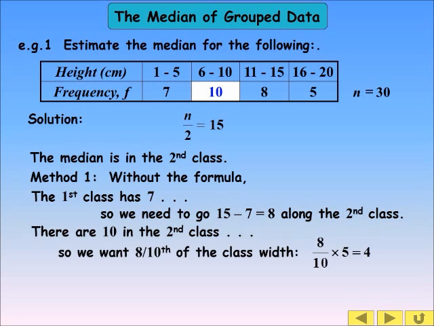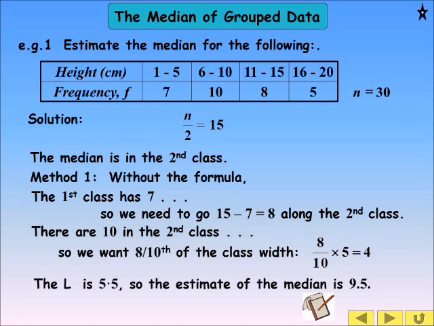So we want 8 over 10 of the class width. The class width is 5, so 8 divided by 10 times 5 is 4. Now the lower limit of the median class is 5.5, because the second class has the median. So the estimate of the median is 5.5 plus 4, which is 9.5.